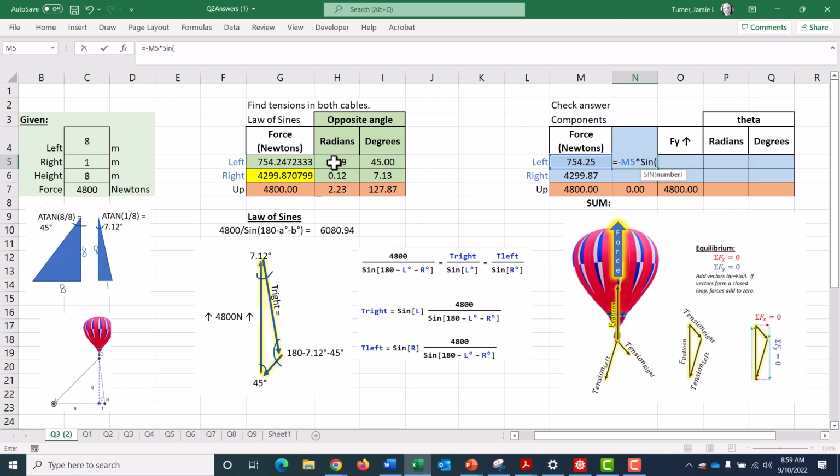The angle is right over here, so that's the opposite side of that left angle, and then going up this times the adjacent side of that left angle.